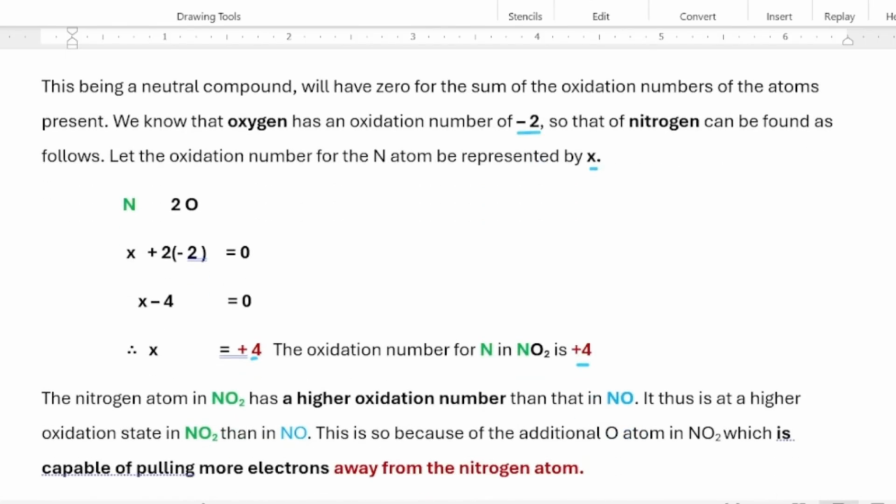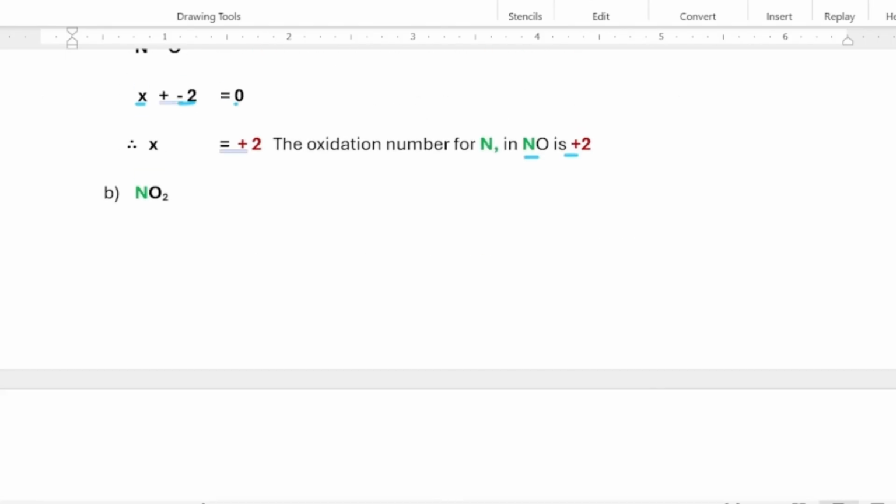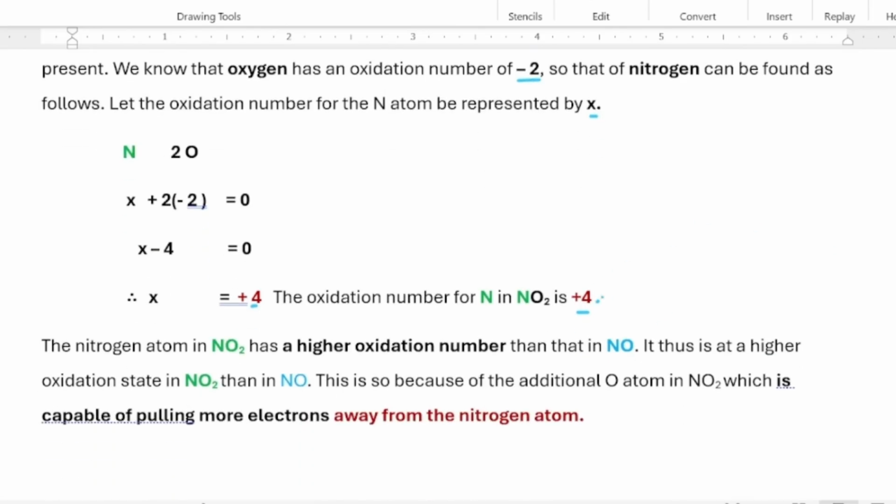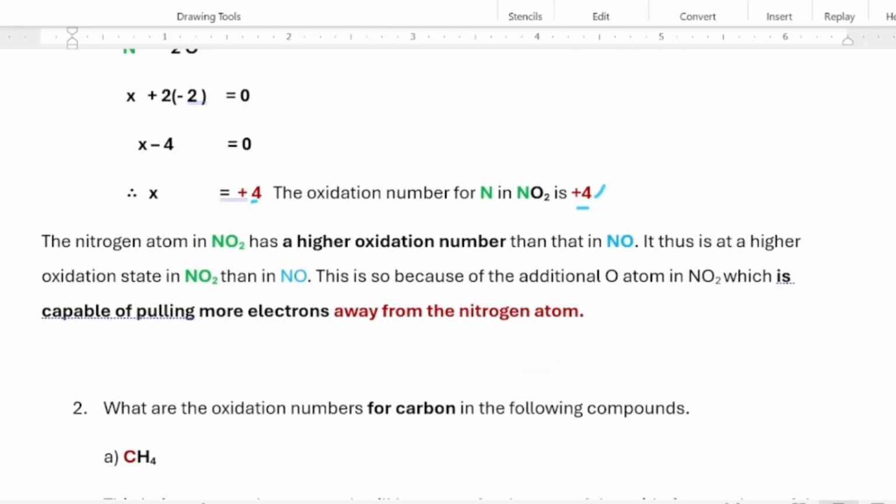So comparing the oxidation numbers of nitrogen in those two different compounds, we see that nitrogen here is having an oxidation number of positive 2, and this one here is positive 4. Therefore, we say that in nitrogen dioxide, the nitrogen is at a higher oxidation state than the nitrogen in nitrogen monoxide. Why is that so?